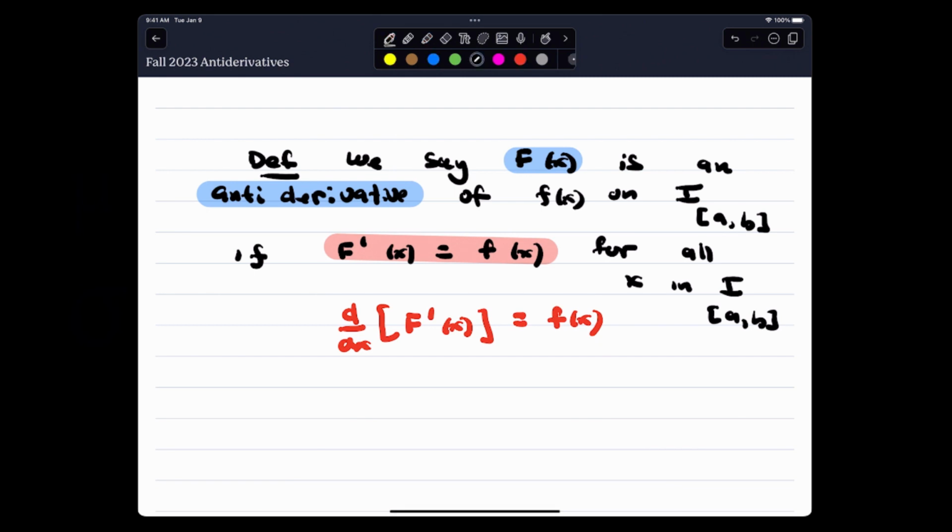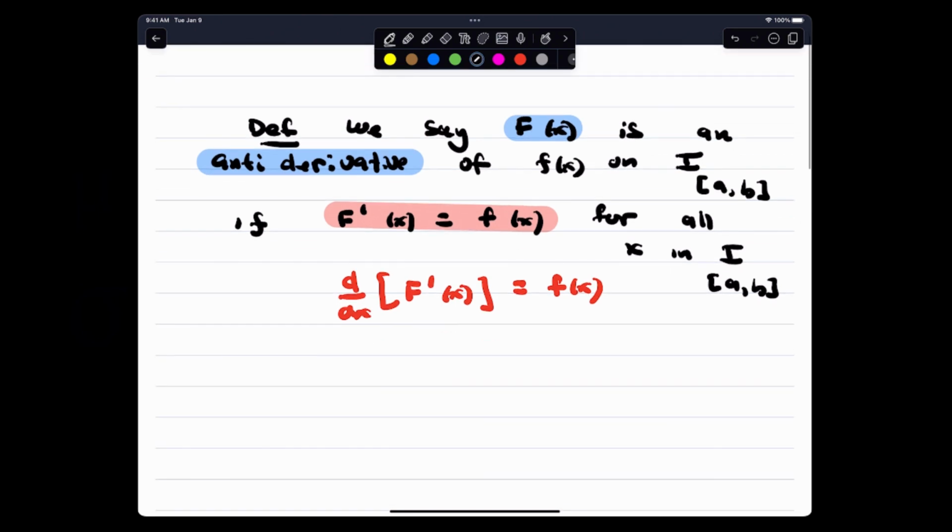And it really isn't that hard. It's actually the opposite of a derivative. If you said to me, what does it feel like? It's almost like saying we have the opposite of a derivative in some ways, which is why they call it an antiderivative.